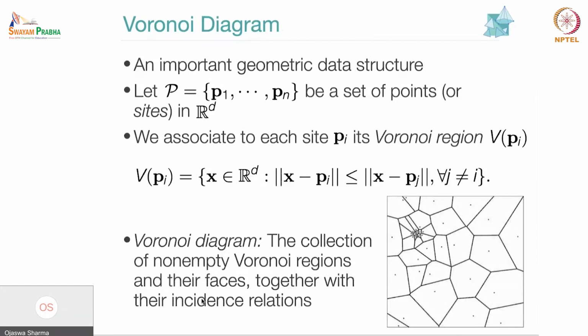The definition of the Voronoi region of Pi is that any point in the plane that belongs to the Voronoi region is closer to Pi than it is to any other point. So maybe it's best to describe that with an illustration.